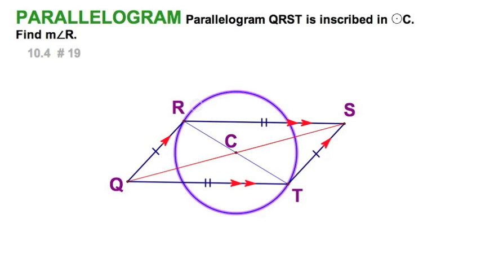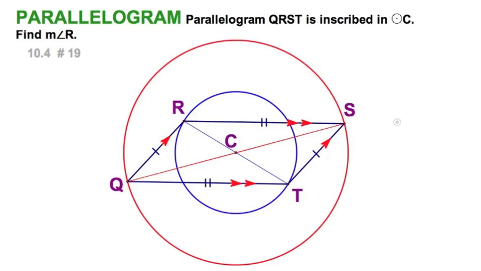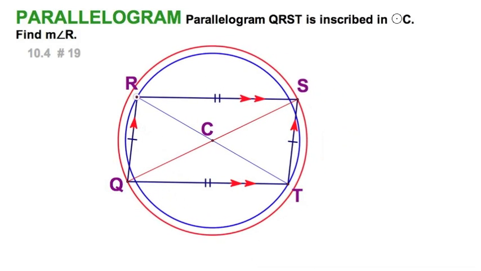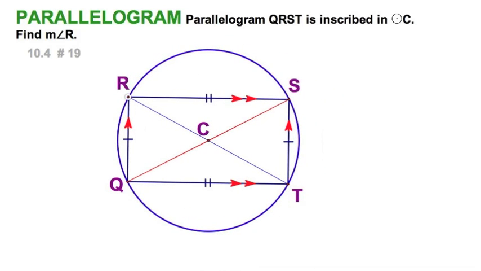This represents a circle centered at C with the blue diagonal as a diameter. Here is a circle with the red diagonal as a diameter. I would have to manipulate this figure to make the two circles one, and you can see, of course, it's going to become a rectangle. So the angle at R must be a right angle.